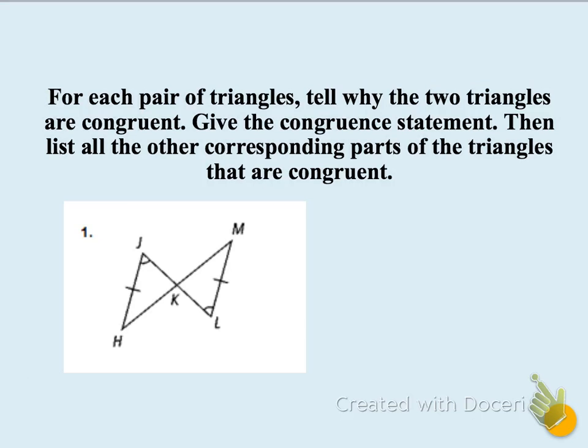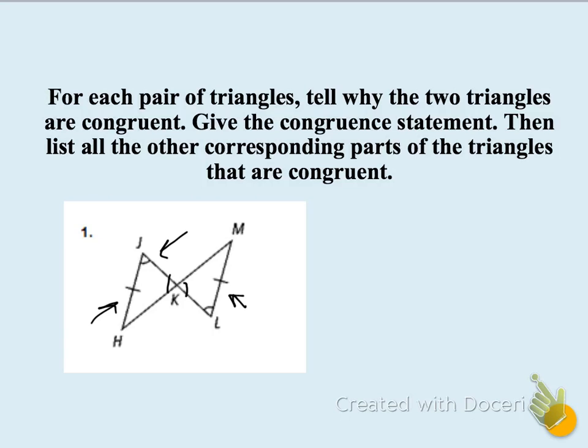Okay, so for each pair of triangles, tell why the two triangles are congruent. Give the congruence statement, then list all the other corresponding parts of the triangles that are congruent. Okay, so we know angle K is shared by vertical angles, so we know that those two are congruent. So we have congruent sides.